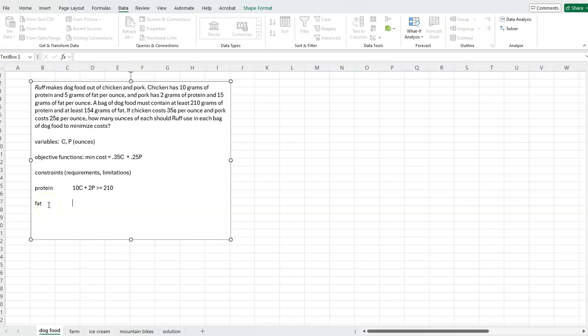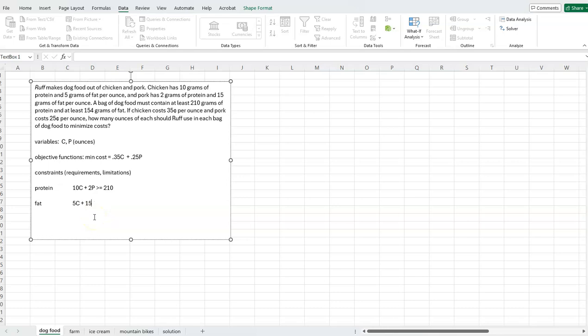Let's do the same logic for fat. So we will have a C term. Let's see, does chicken have fat? Yes, 5 grams per ounce. So for chicken, the coefficient will be 5. Does pork contain fat? According to this, 15 grams.